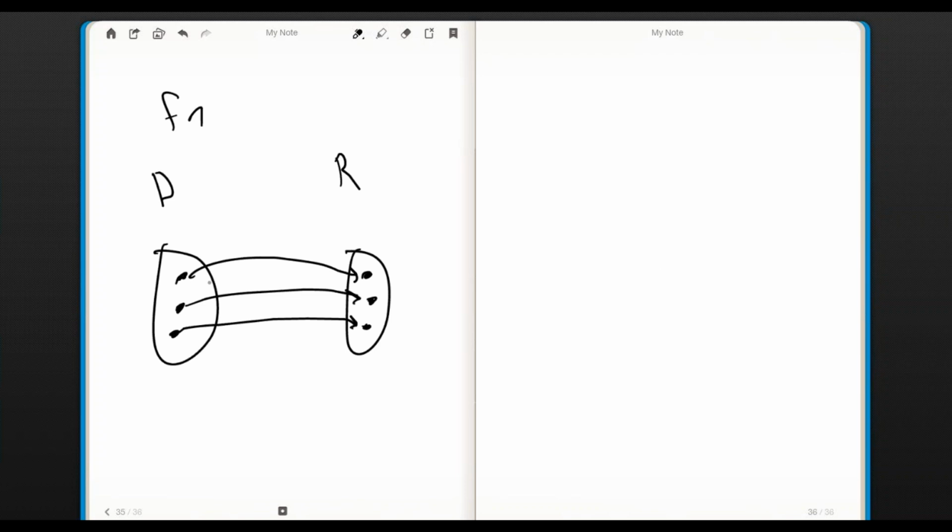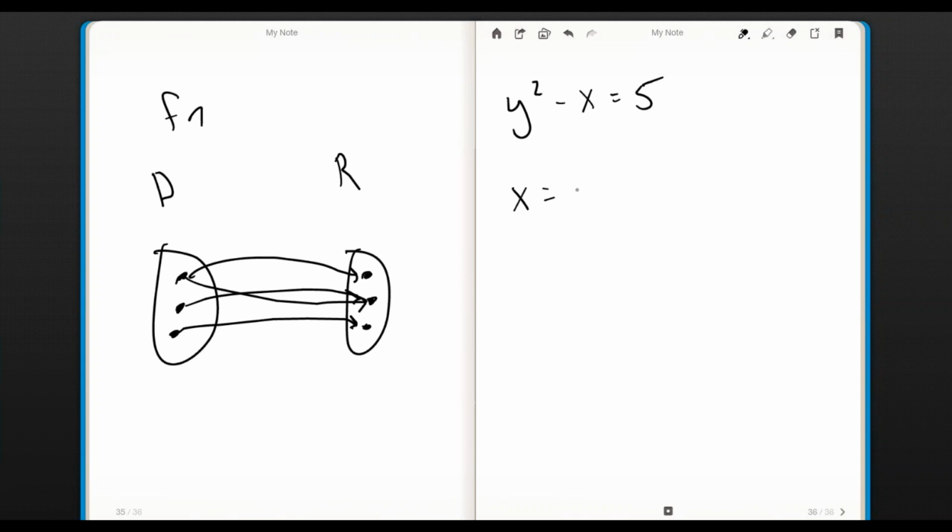If there's ever an x that goes to two numbers in your range, that's no good. That cannot be. And so what happens with this equation? Let's say that x is positive 4.